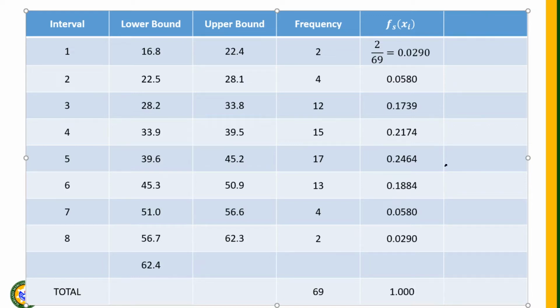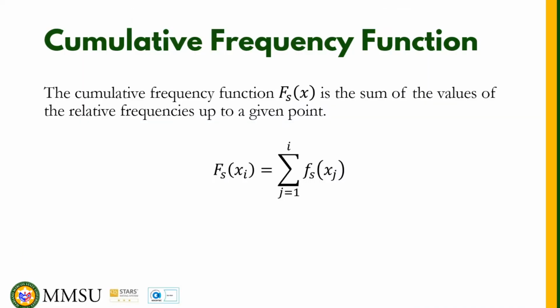For our next column, we have the cumulative frequency function. The cumulative frequency function is just the sum of the relative frequencies up to the given point.